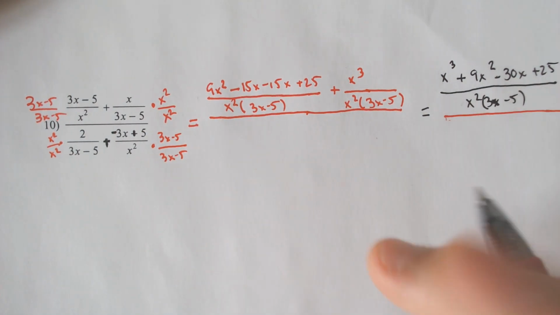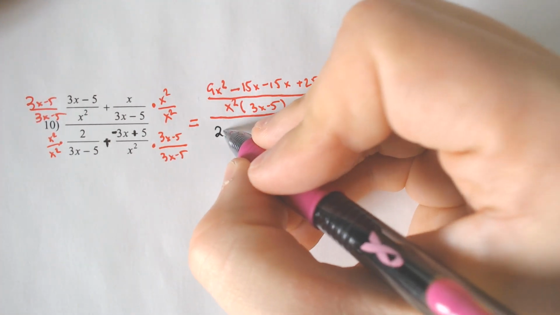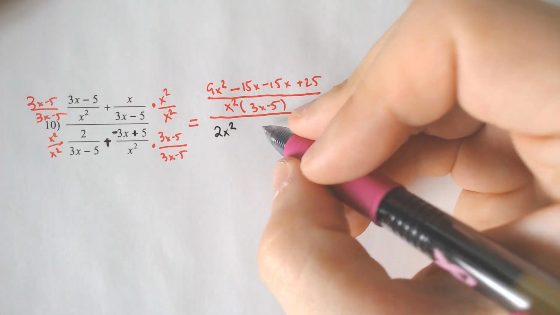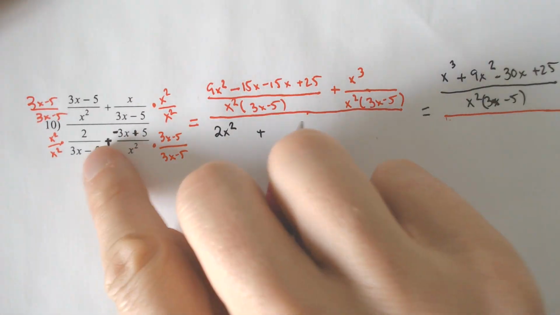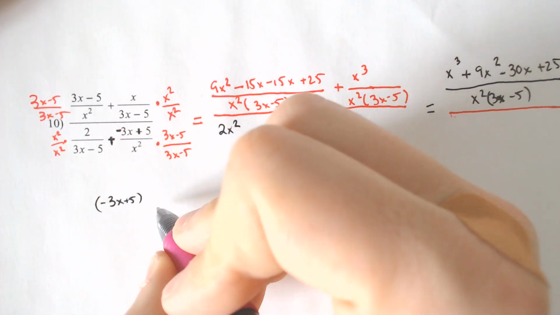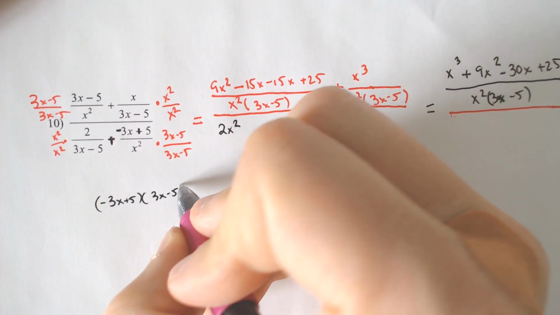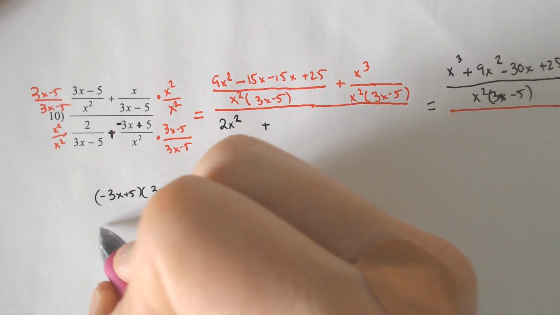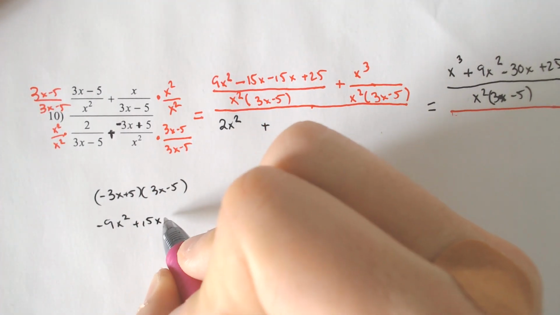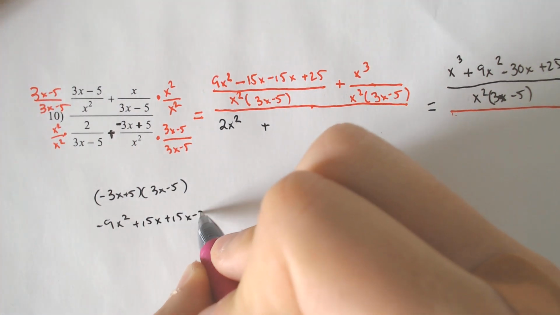So that would make this 2x squared, from the 2 times the x squared, plus, we would have to FOIL this out. I'm going to do negative 3x plus 5 times 3x minus 5 over here so I have enough room. Negative 9x squared plus 15x plus 15x minus 25.